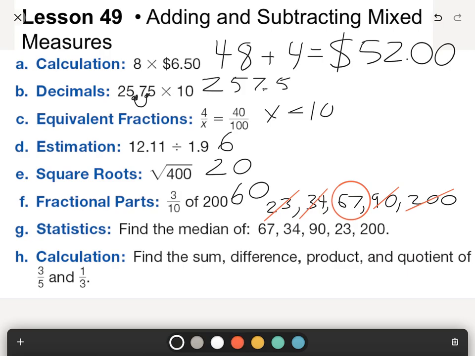Okay, then the sum, difference, product and quotient of 3/5 and 1/3. So I can think of that as 9/15 plus 5/15. So that would be 14/15.